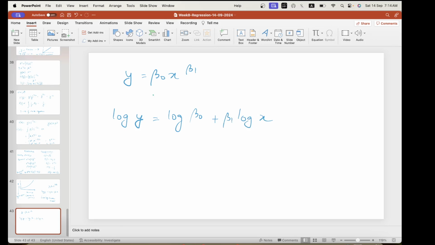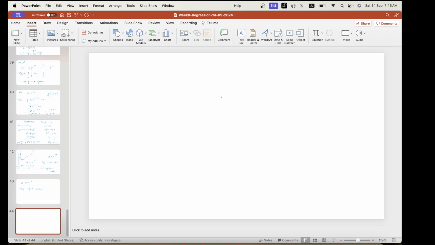So this transformation, if we have a variable of this sort, is known as the log-log transformation. You transform y, you transform x, and then this is the linear model which arises as a result of it.